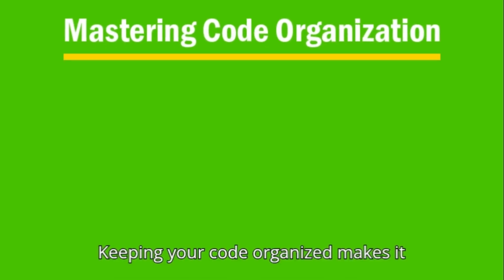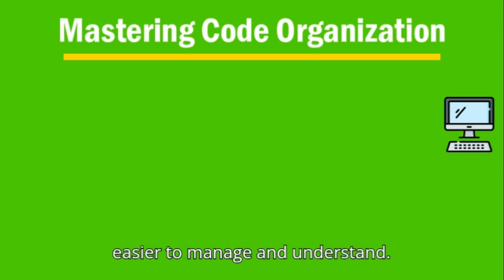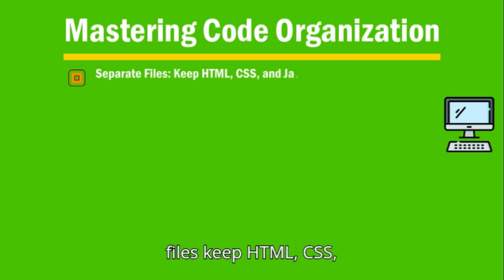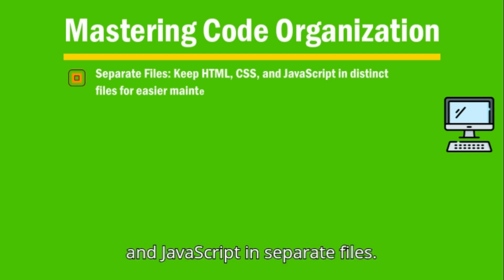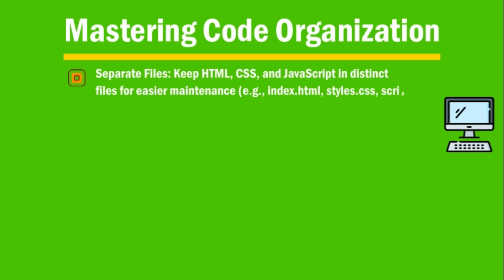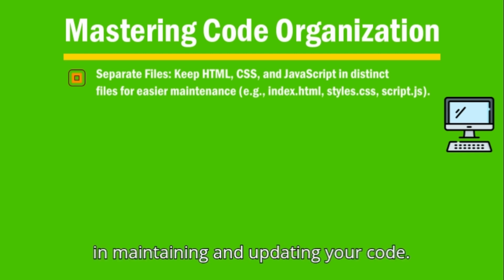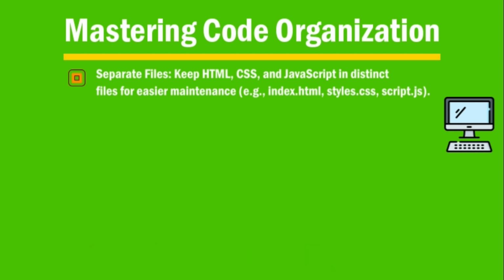Keeping your code organized makes it easier to manage and understand. Here are some tips. Separate files. Keep HTML, CSS, and JavaScript in separate files. For example, index.html, styles.css, and script.js. This helps in maintaining and updating your code.